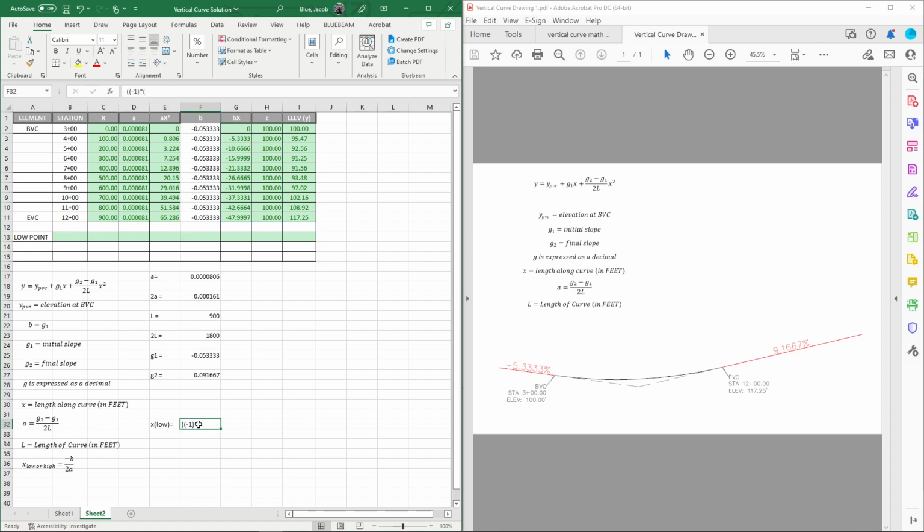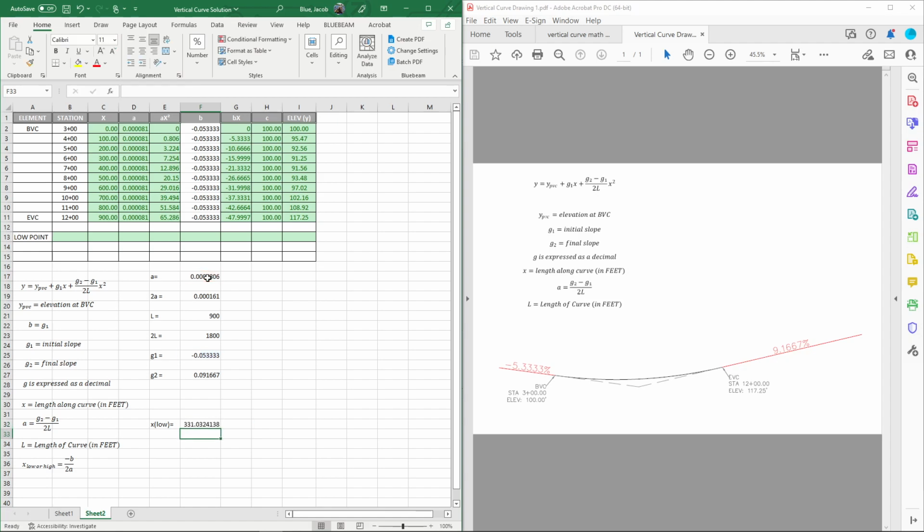I see what's happening here. I forgot my equal sign, so that cell is equal to, a couple of parentheses, negative 1 times my b value divided by 2 times my a value. So fix my parentheses, 2 times the value of a.